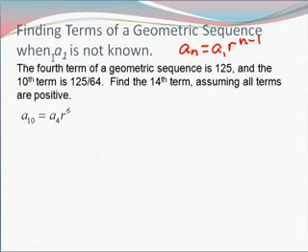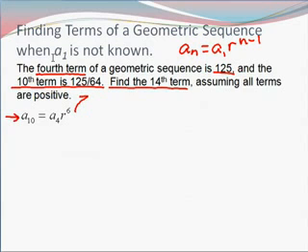But this equation is going to help us to find the 14th term of a geometric sequence where the 4th term is 125 and the 10th term is 125 divided by 64. The equation that we're going to use is A10 equals A4 r to the 6th.